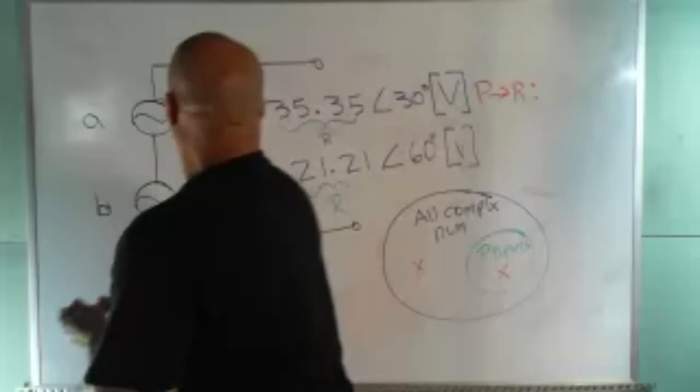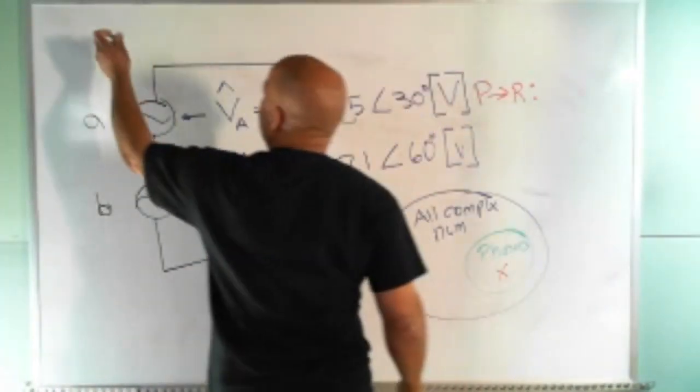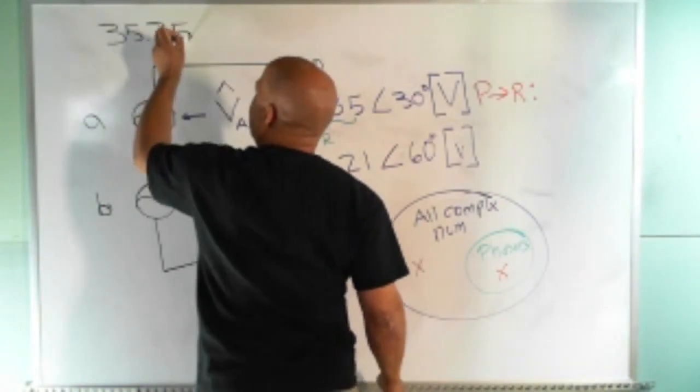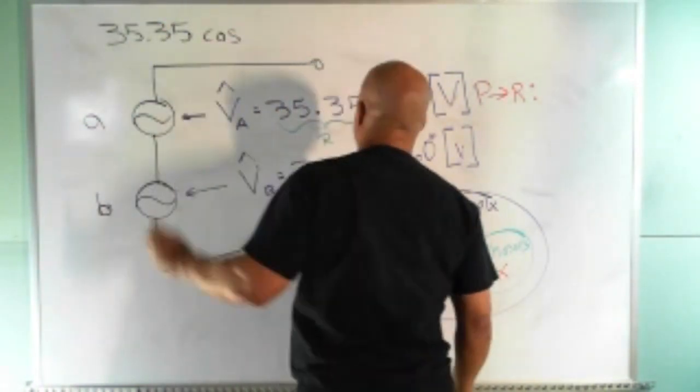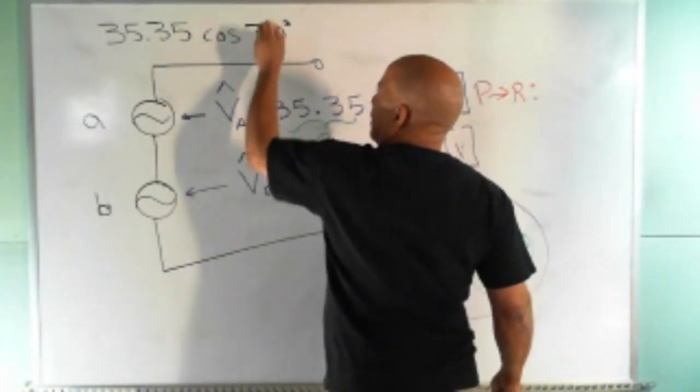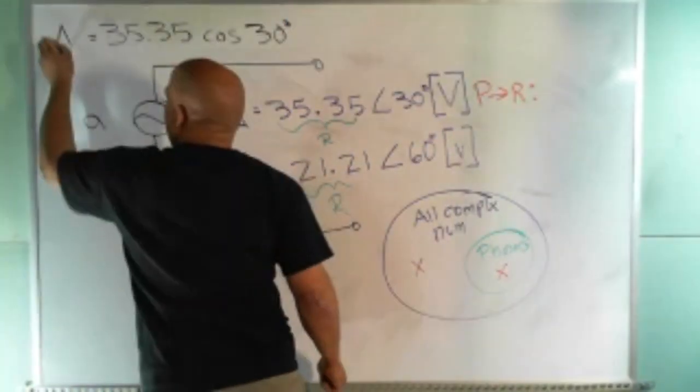So to get the real part, I have to take 35.35 cosine of the angle, which is 30 degrees. That'll give me the real part.